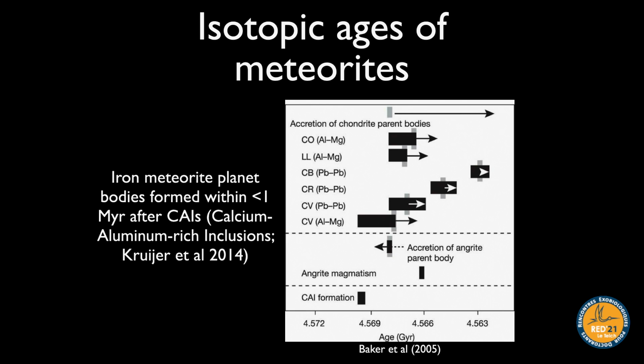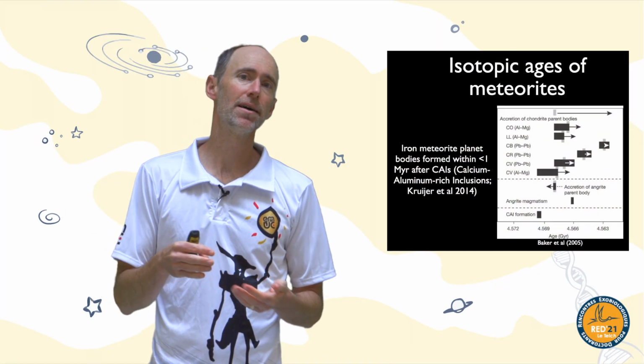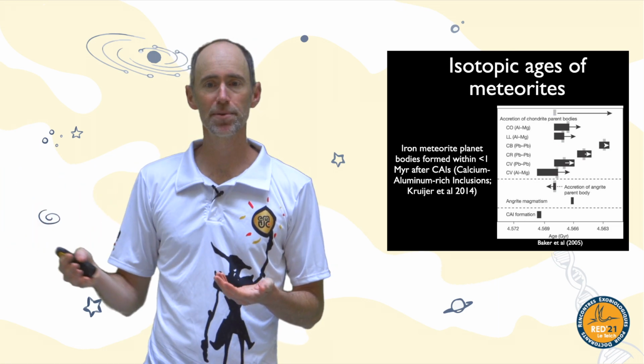The oldest solids in the solar system are these things called CAIs, calcium-aluminum-rich inclusions, and those are often used as basically time zero. When we talk about the chronology of solar system formation, we usually say that after a few million years this happened or that happened.